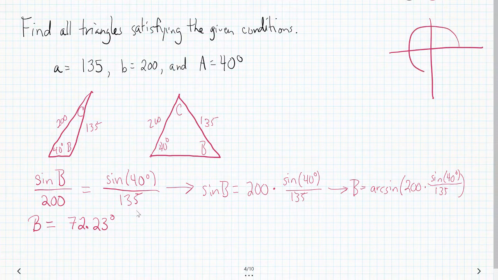So remember, you have something like this. The range of arc sine was from negative pi over 2 to positive pi over 2, including there.